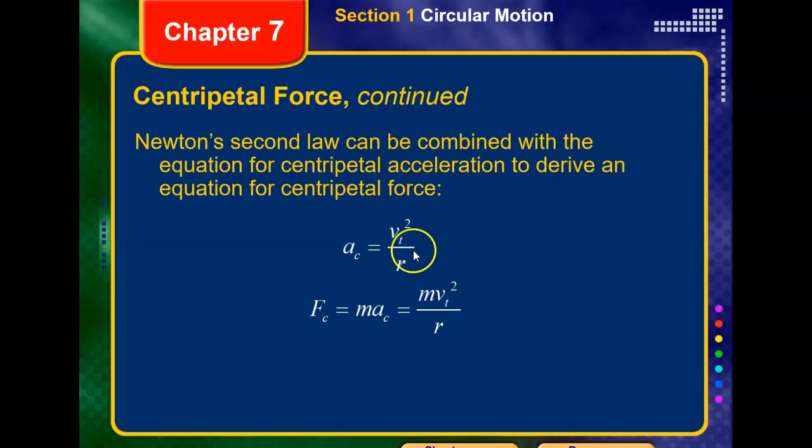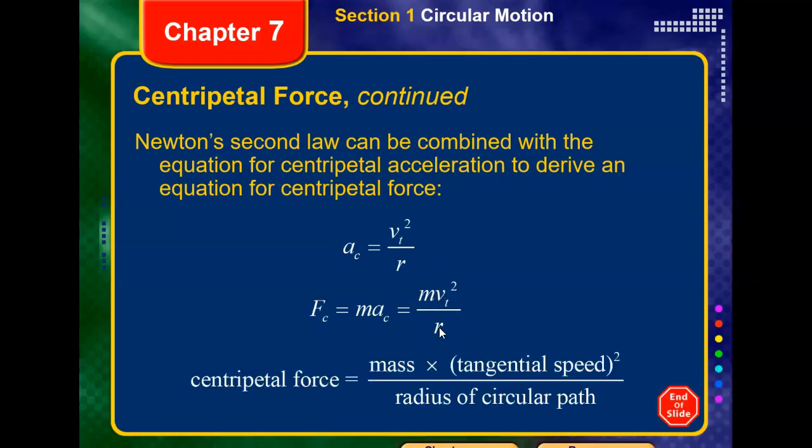So because we know centripetal acceleration, we can say that the centripetal force, the center seeking force, is mass times tangential velocity squared divided by radius. This is the main formula you're going to need to know.